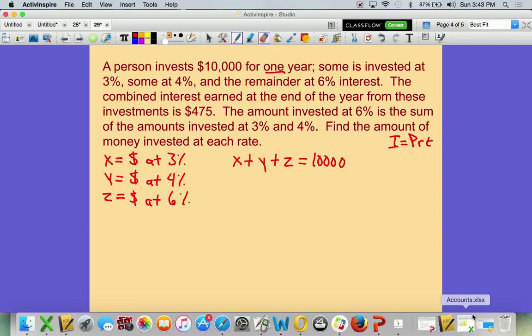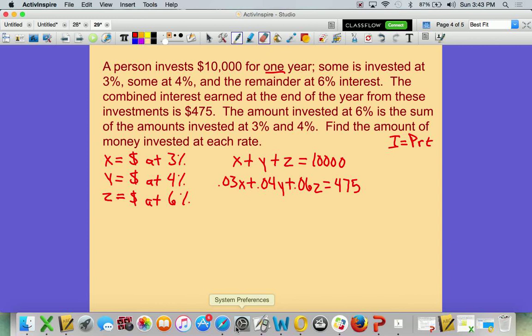I equals the principal times the rate. Well, our x, y, and z are the principal, and our percentages are already in there. So we could go 0.03x plus 0.04y plus 0.06z equals 475.